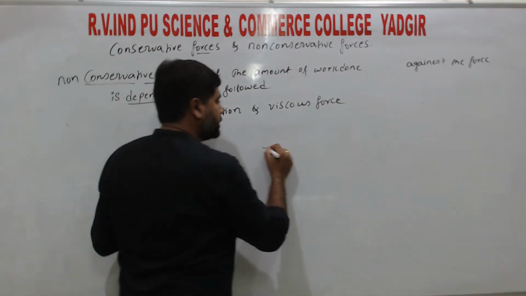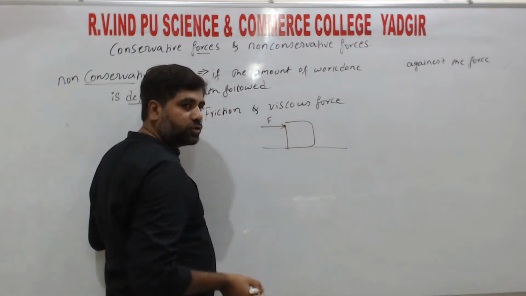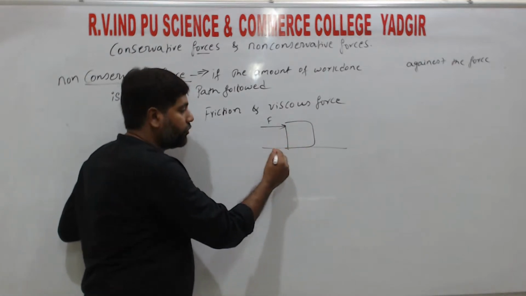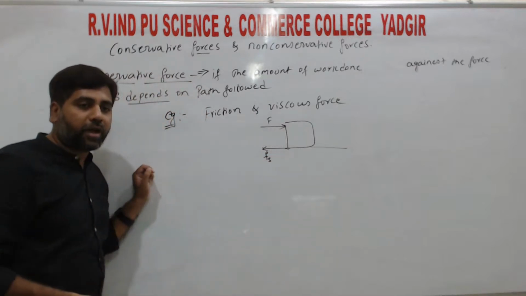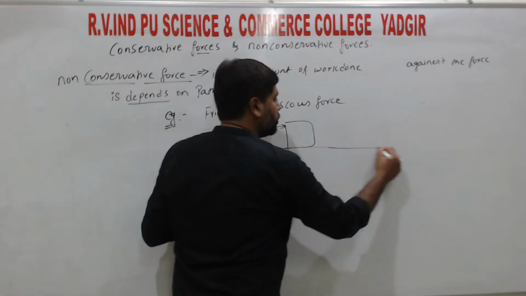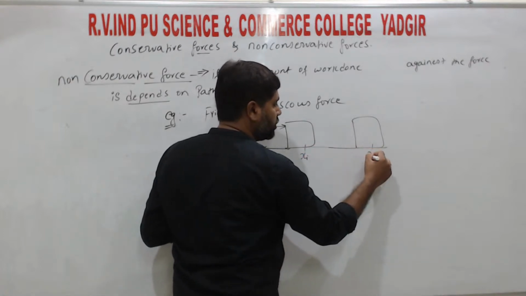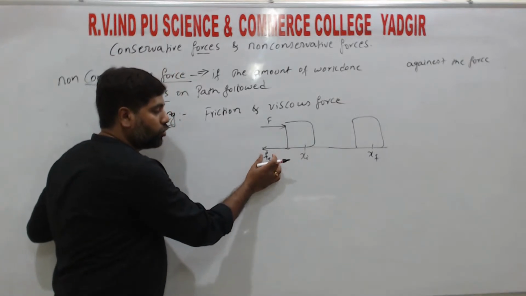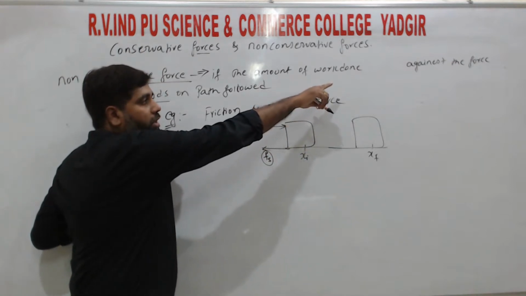For example, consider an object placed on a surface. Apply some external force F. A contact force arises between the object and the surface, which we call the frictional force, Fs or Fk. The force is applied and the object is also displaced, from initial position x to final position xf. Here the work done by the frictional force is the amount of work done against the force.